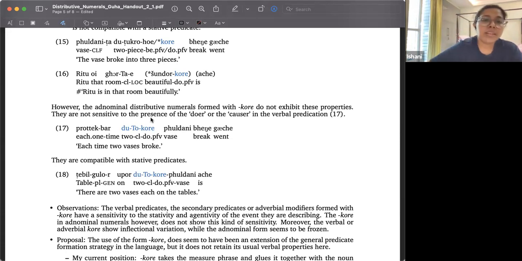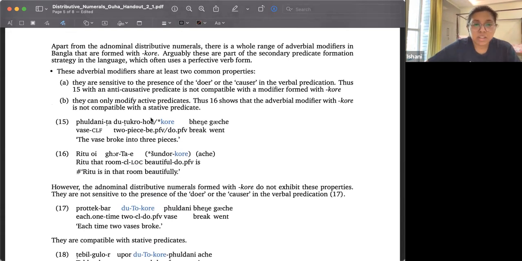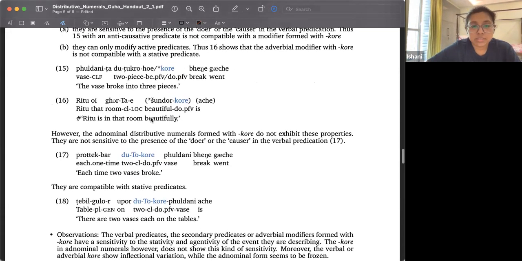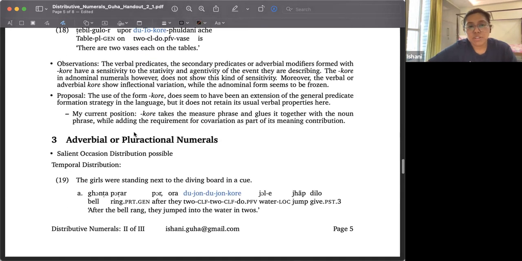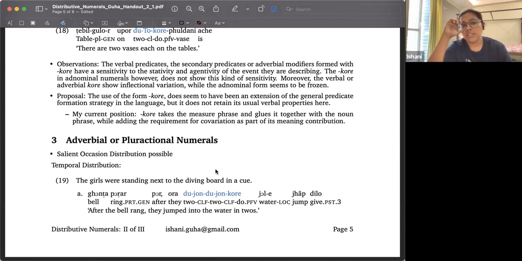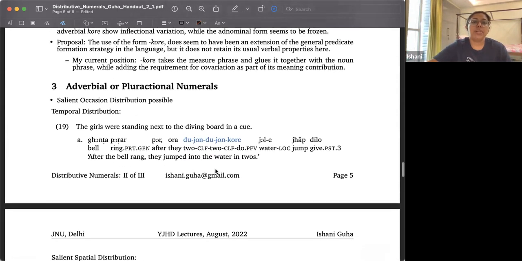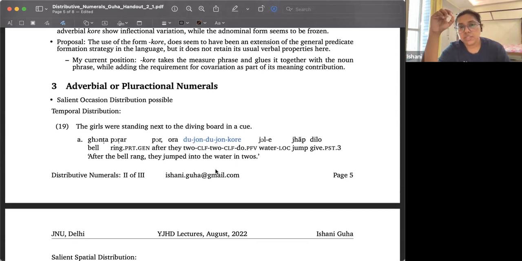The one inside the numeral is not sensitive. Yeah, so I've already told you this: my current position, the last point, is that core takes a measure phrase and glues it together with the noun phrase while adding the requirement of covariation as part of its meaning contribution, right?